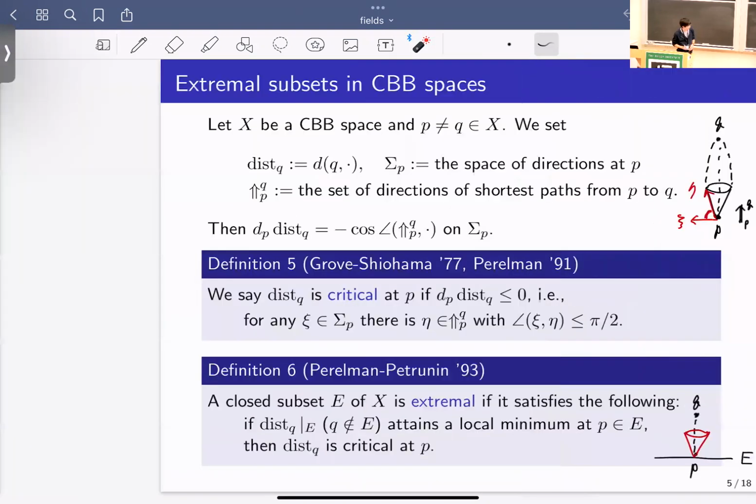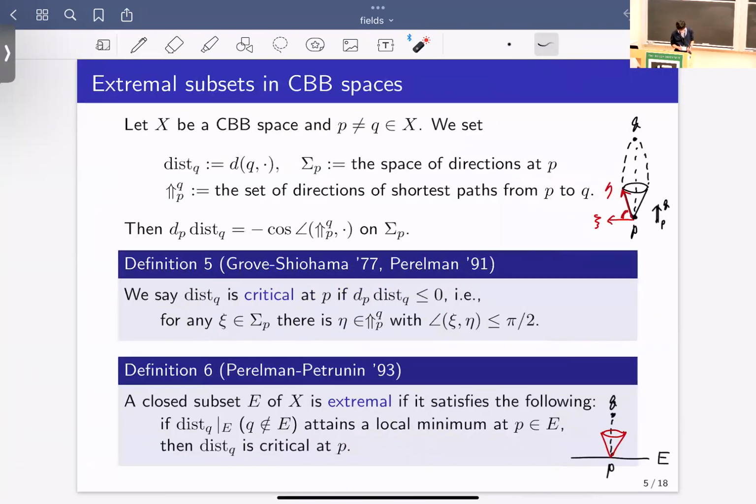Okay, so let's begin with the definition of an extremal subset. To define an extremal subset, we first introduce the notion of a critical point of a distance function.